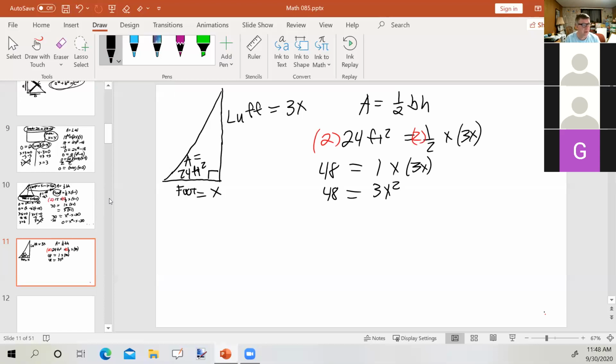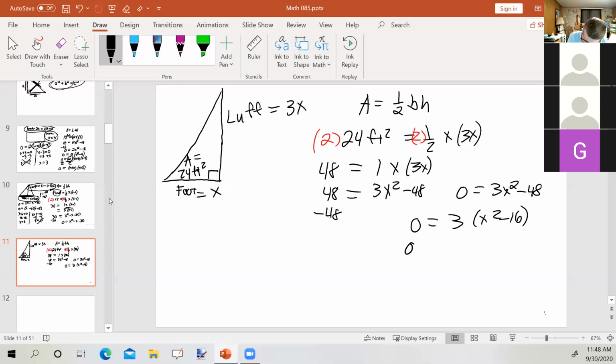I have a second degree equation. My leading coefficient on the right is positive, so I'm going to subtract 48 from both sides and get 0 equals 3x squared minus 48. I'm going to factor out a 3 and get x squared minus 16. I'm going to factor the difference of two squares, x plus 4, x minus 4.